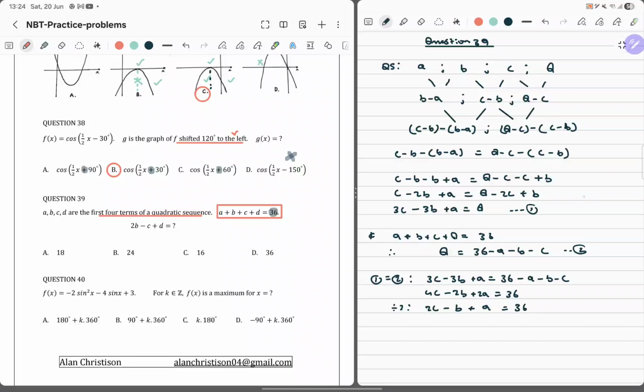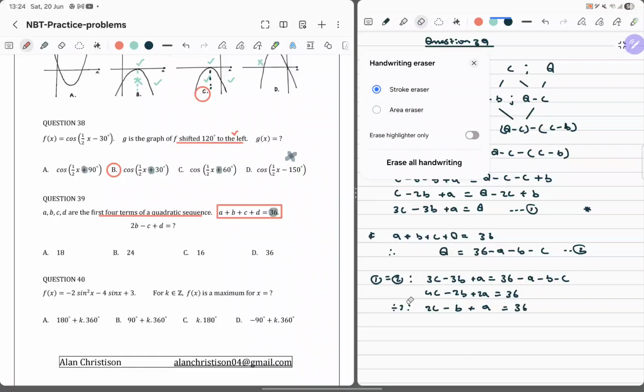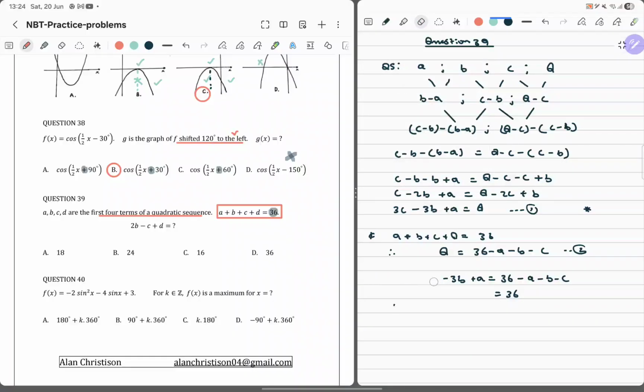I think this equation is fine. Now what do I want here? I've got D. Okay, maybe let's take it easy. I think we're going too far. Let's take it easy. Now let's take it as it is.